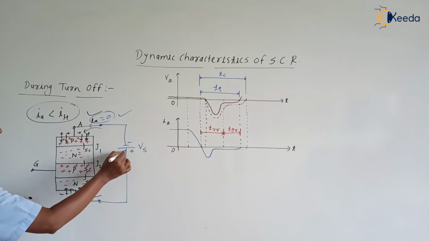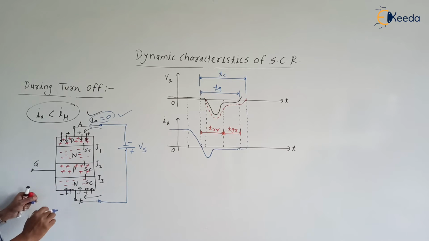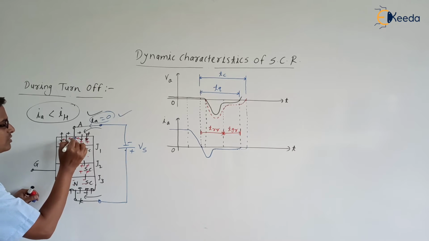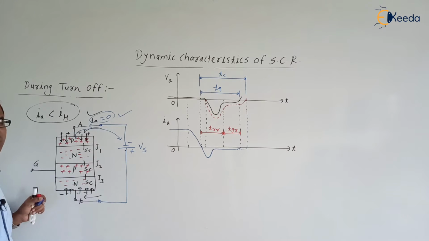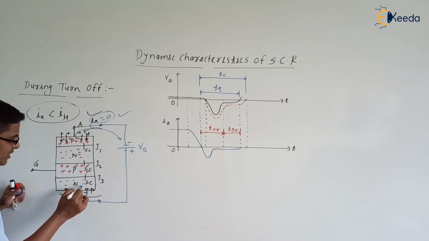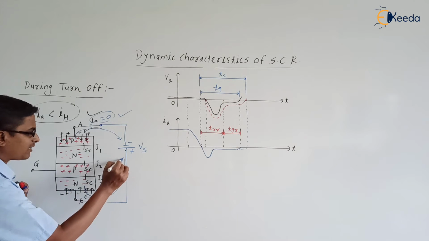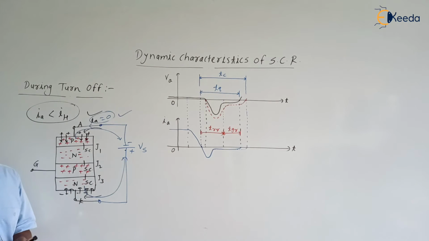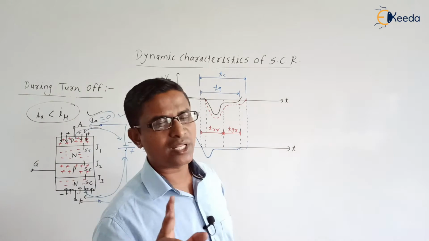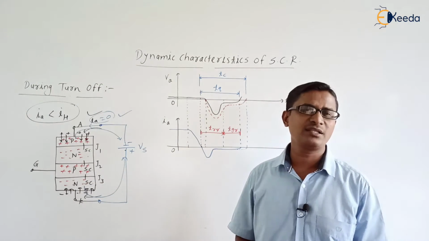The added charge carriers in the upper p-type layer are holes, and these holes will be attracted towards the negative plate of the supply, because at the negative plate we have electrons. Similarly, the added charge carriers in the outer n-type layer are electrons, and these electrons will be attracted towards the positive plate of the supply. So we can remove the added charge carriers from the outer 2 layers of the SCR by maintaining the reverse voltage across the SCR.